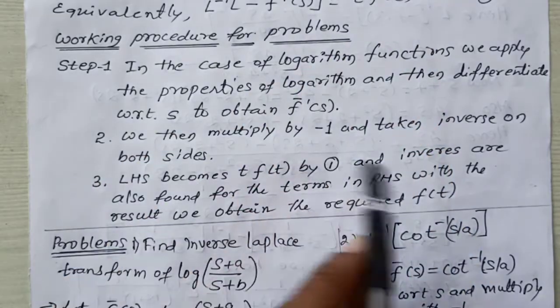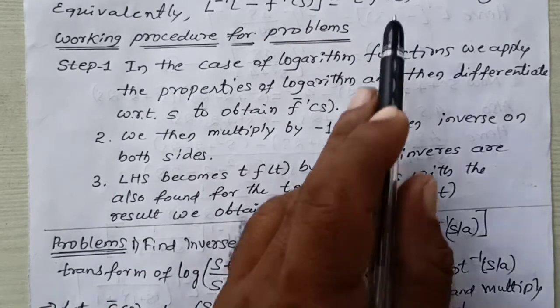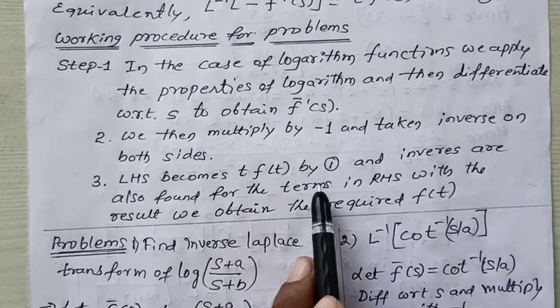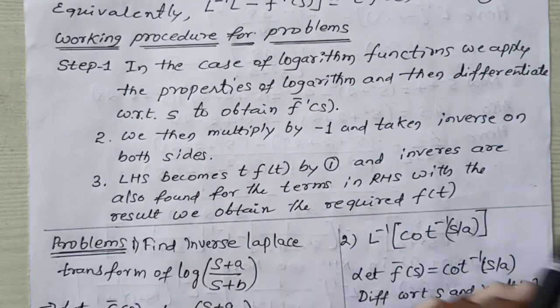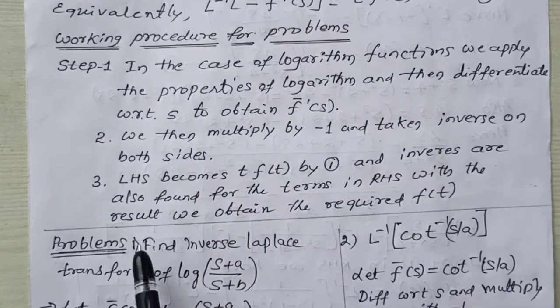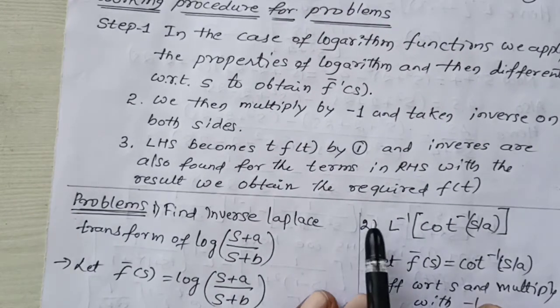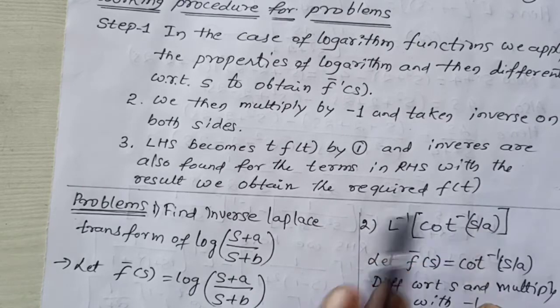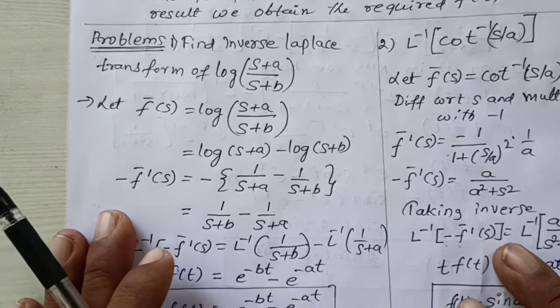So multiply by minus 1 on both sides and take the inverse. The left hand side becomes t f of t by equation 1, and inverses are also found for the terms on the right hand side. With the result we obtain the required f of t.